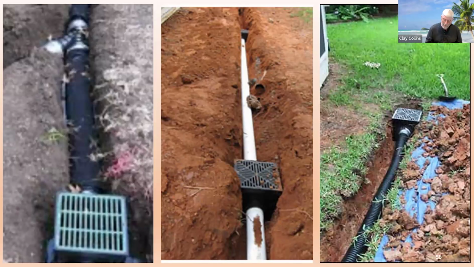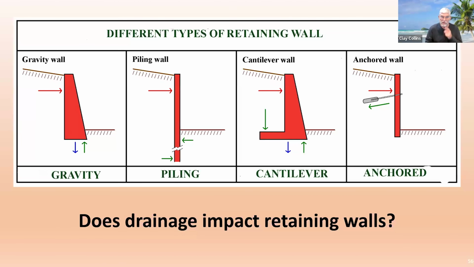So what impact does drainage have on retaining walls? Well, first let's define and look at how these retaining walls work. Look at the gravity wall. That works because the wall is heavy enough that it actually has a tilt towards the left by weight.